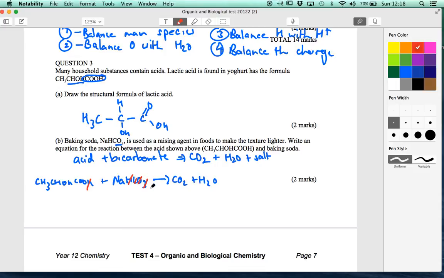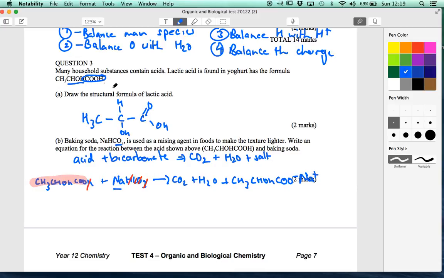So CO2 and H2O there, what's left over? I'm going to have what's left of my carboxylic acid, the main part of my carboxylate salt, and I'm going to get CH3CHOHCOO minus, and I've got sodium left over here, Na plus. So here's my sodium, here's my carboxylate salt.